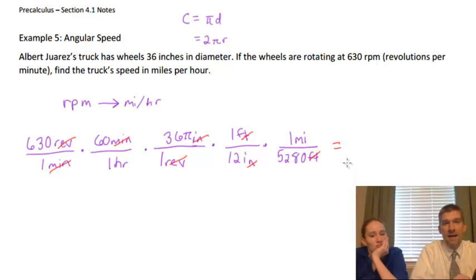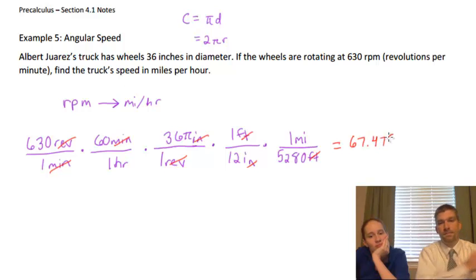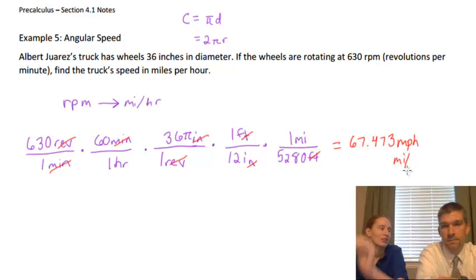Make me some pie. Divided by 12 times 5,280. I get 67.473. And that's in miles per hour, which is mph, or some math teachers don't like that abbreviation.